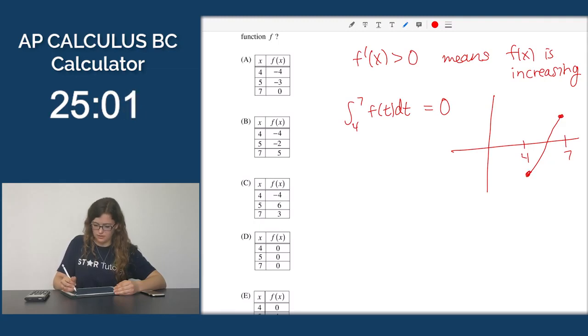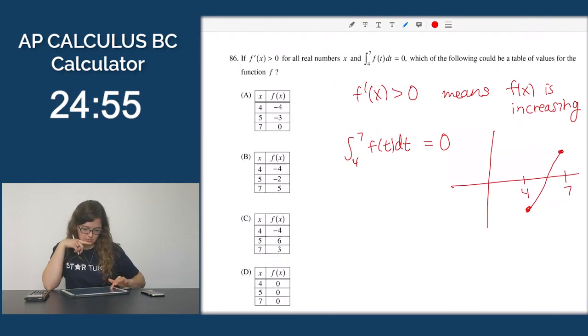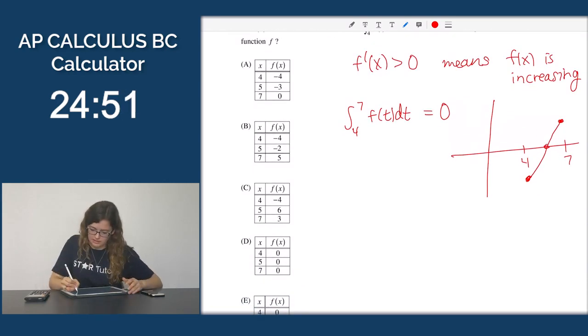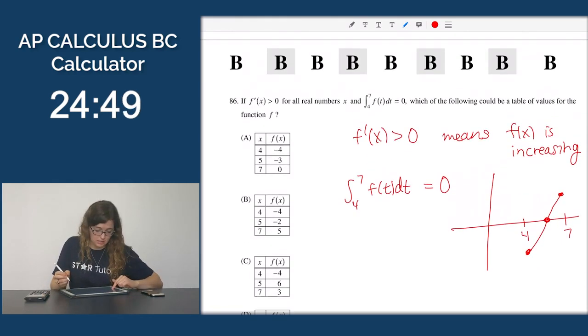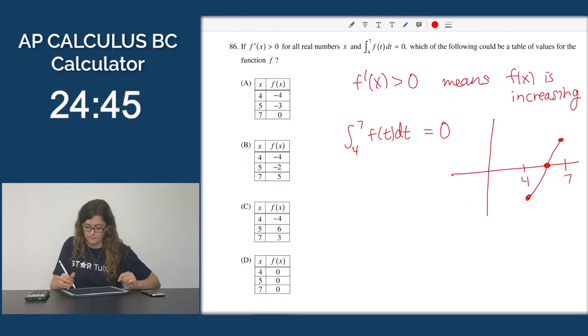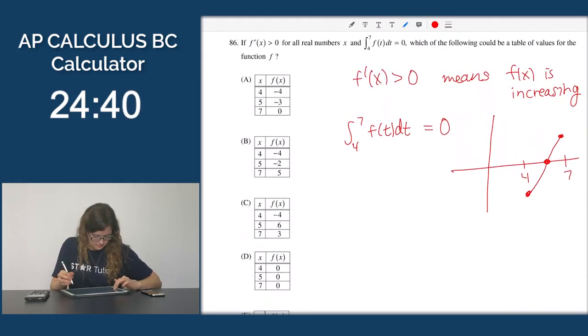So I must have some function that looks like this between 4 and 7. So I'm going to go through the table and see which one looks like that. In particular, it's got to hit 0 since it's continuous. I assume it's continuous. Somewhere between there. So which one could be? Let's see.